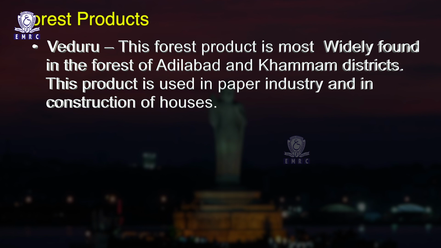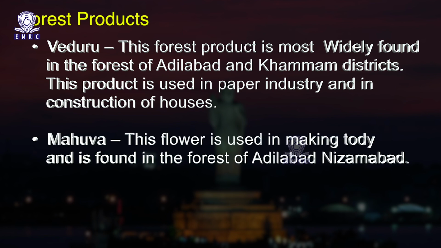Veduru. This forest product is most widely found in the forests of Adilabad and Khammam districts. This product is used in the paper industry and in the construction of houses. Mahua. This flower is used in making toddy and is found in the forests of Adilabad and Nizamabad.